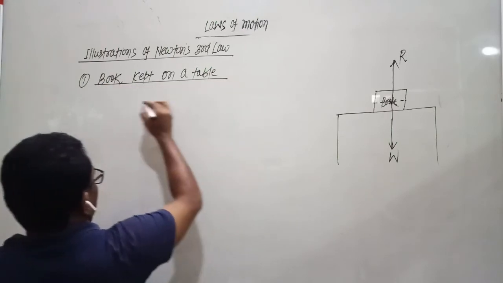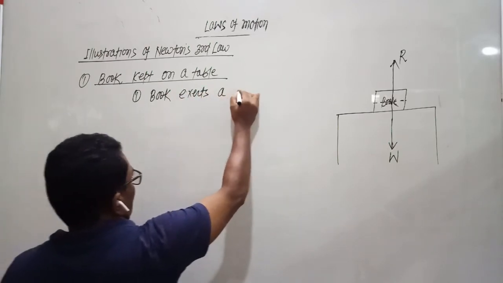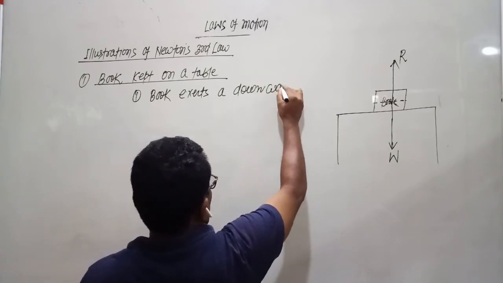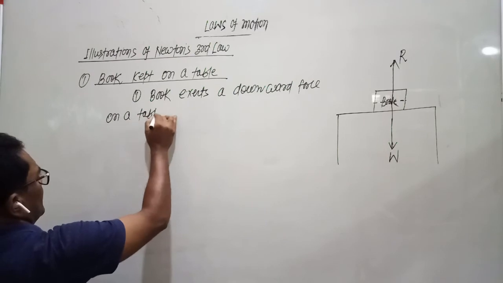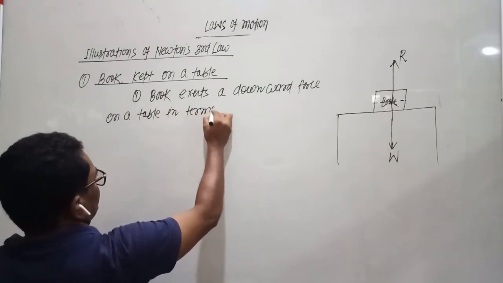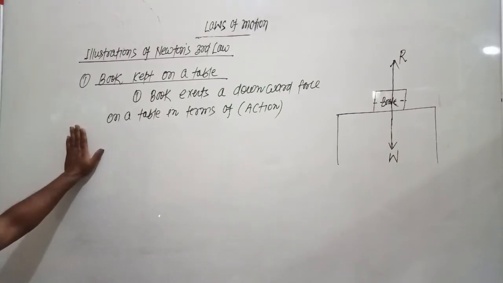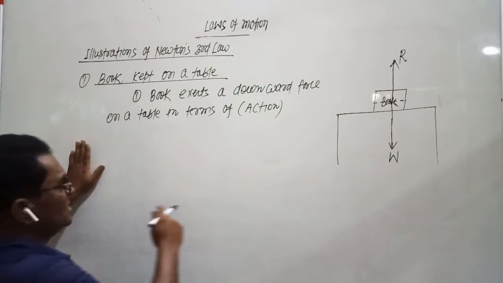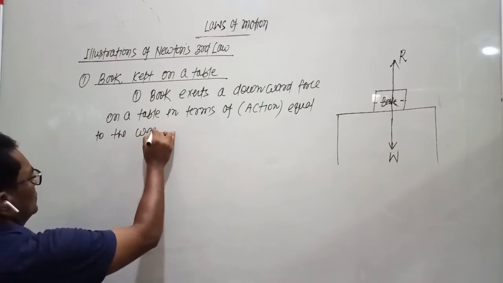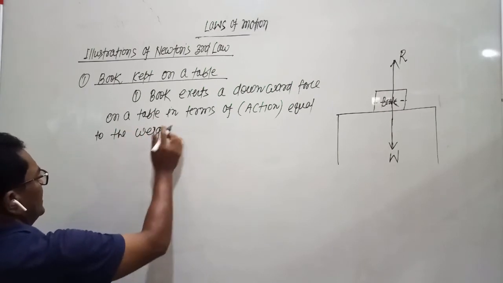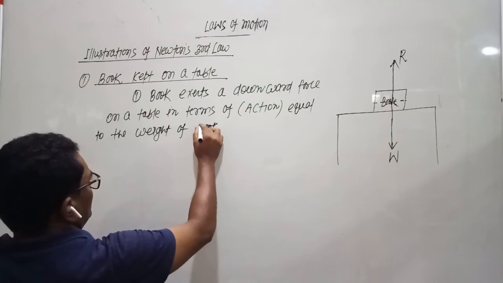In terms of action, the book exerts a downward force on the table equal to the weight of the book.